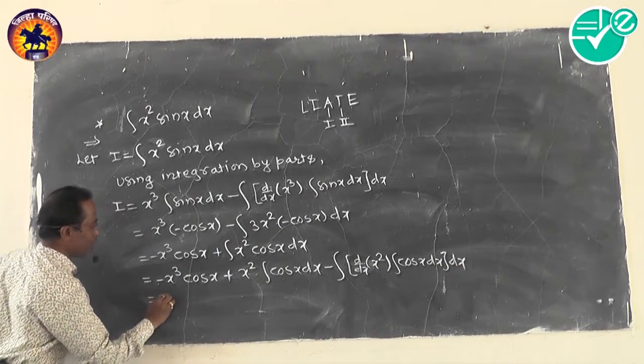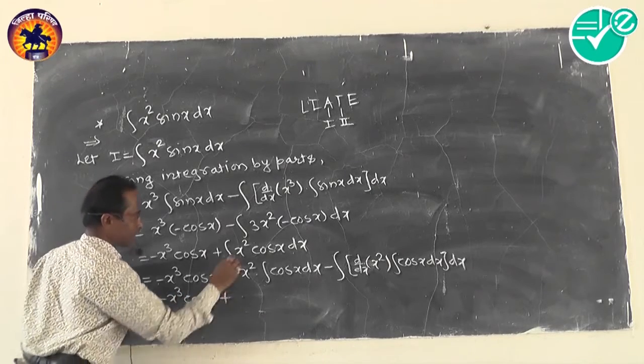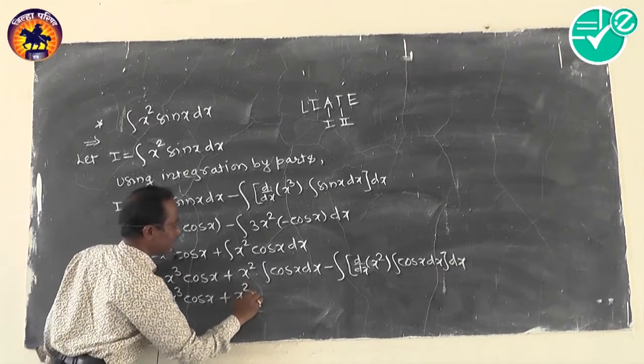We get minus x cube into cos x plus x square into sin x.